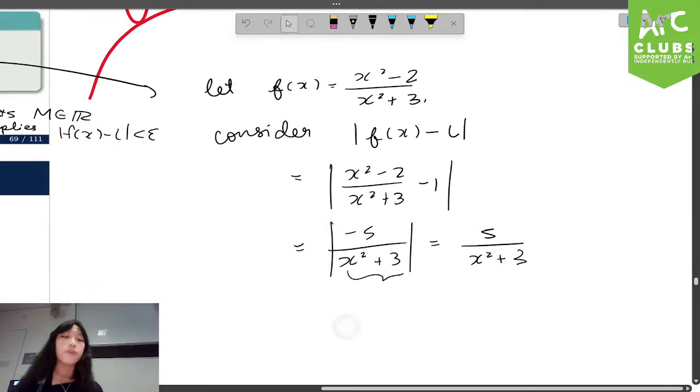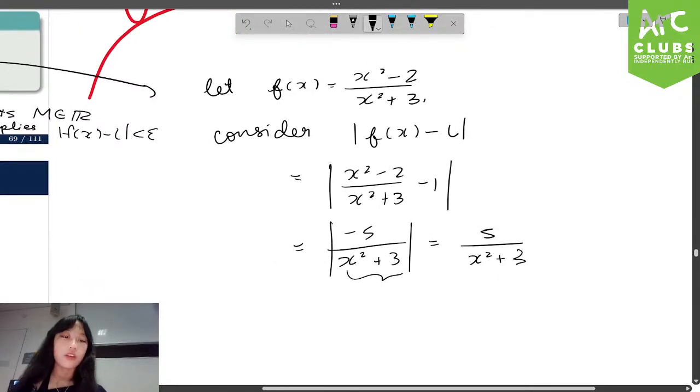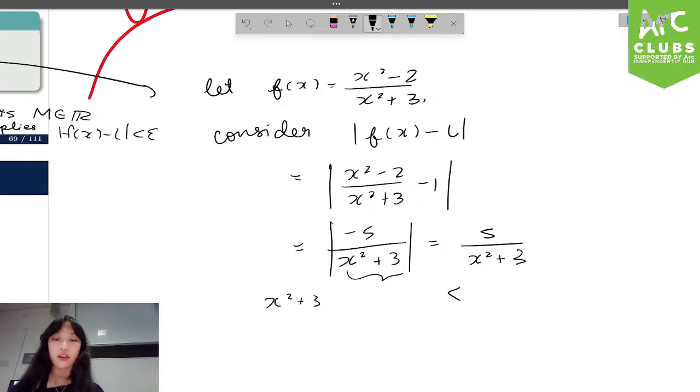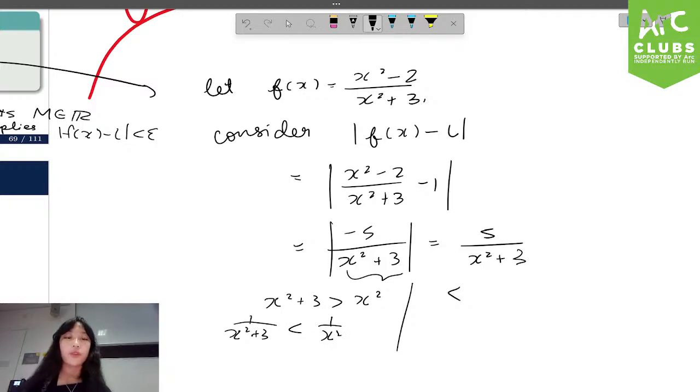And to make the algebra a little easier, we know that x squared plus 3 is greater than x squared, which means 1 on x squared plus 3 is less than 1 on x squared. So we have the property that the absolute value of f of x minus L is smaller than this expression here. I hope you can agree that's just a consequence of this property right here.